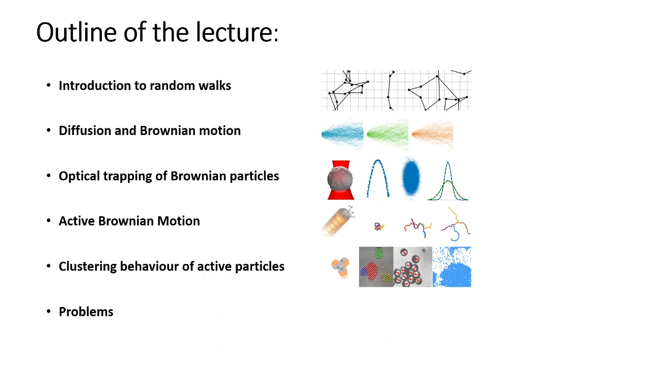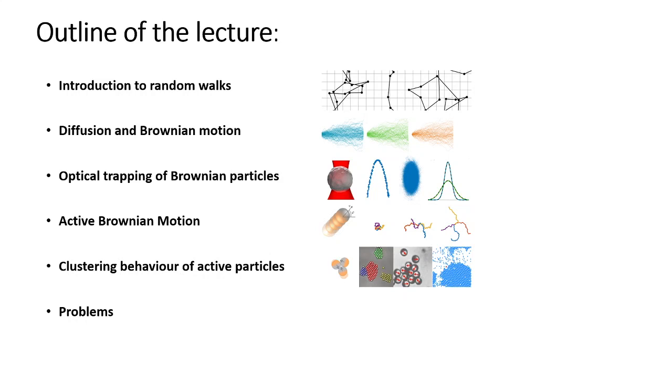This is an outline of my talk. We will begin with an introduction to random walk, and we are going to investigate some of its characteristics. Then we will move on to diffusion and Brownian motion, and then we will discover some numerical techniques simulating optical trapping of Brownian particles and analyzing some of the properties of the trajectories.